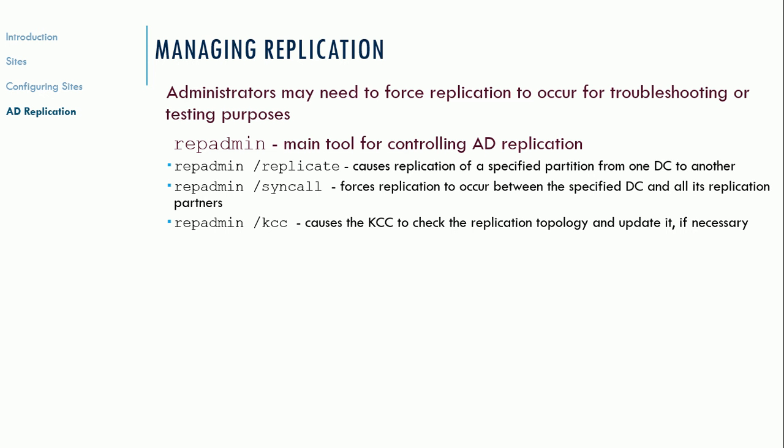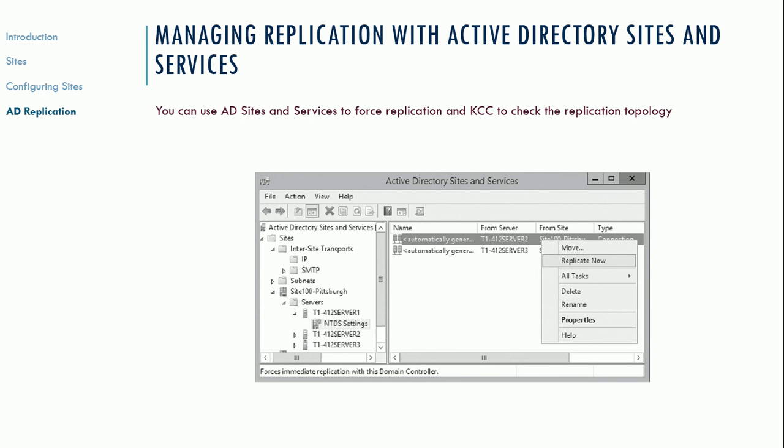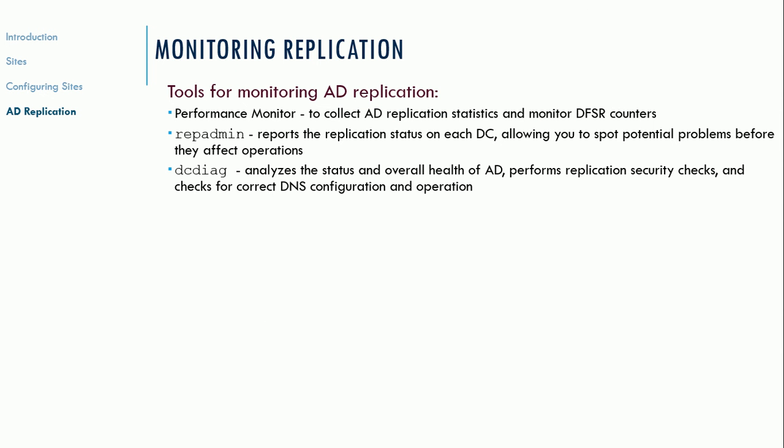So there's a command line switch that you can use to evaluate that as well. You can use AD Sites and Services to force replication, and you can also use the KCC to check the replication topology right in the Active Directory control panels. You can monitor replication with the repadmin command as well.